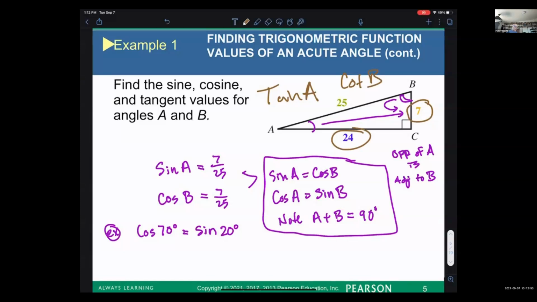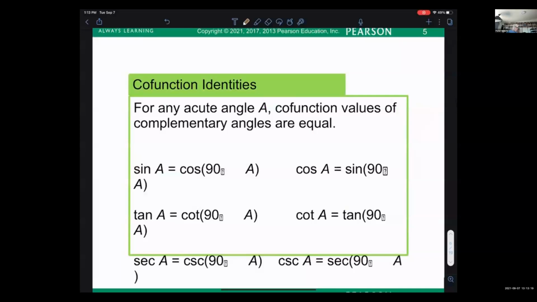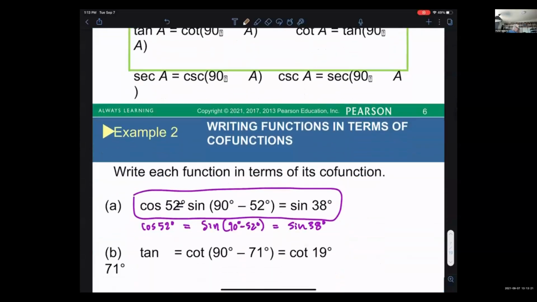So if I change the angle and I flip the sides that I'm using, I get the exact same thing. So we're also going to have then that tan of A is equal to cotan of B, and vice versa when they add up to 90 degrees. And the same for secant and cosecant. That's what this table was trying to show here, even though they didn't fill it in correctly on the slide.